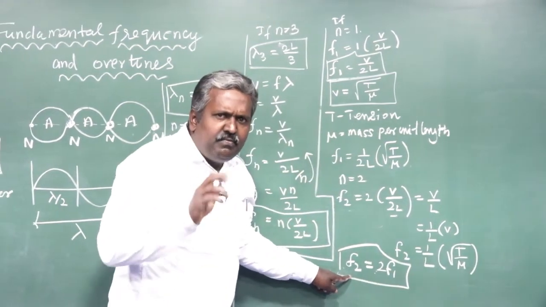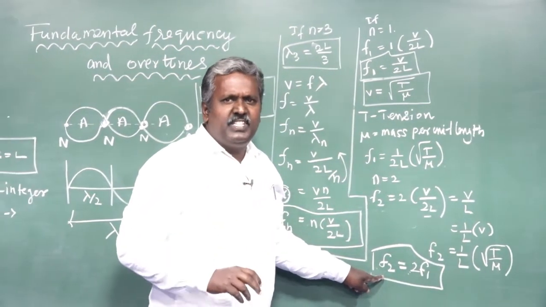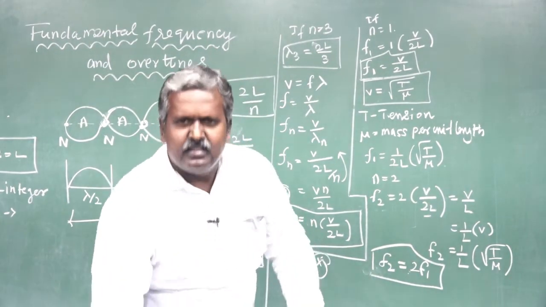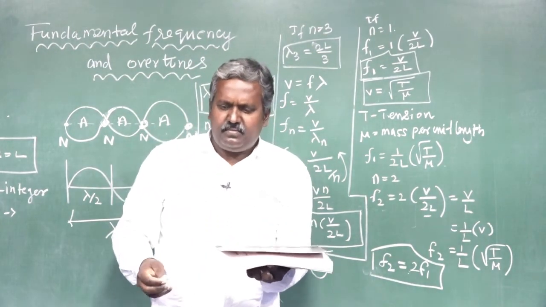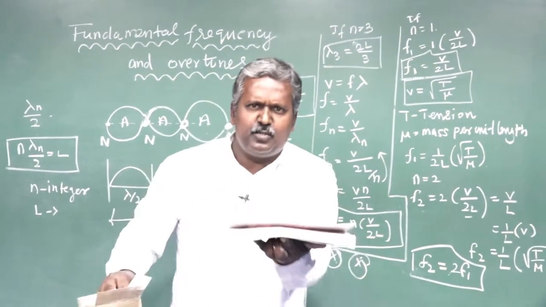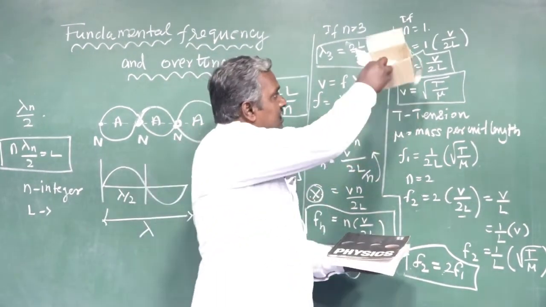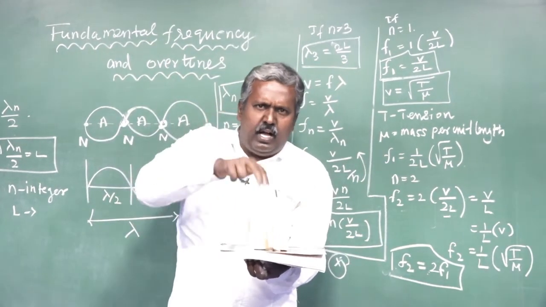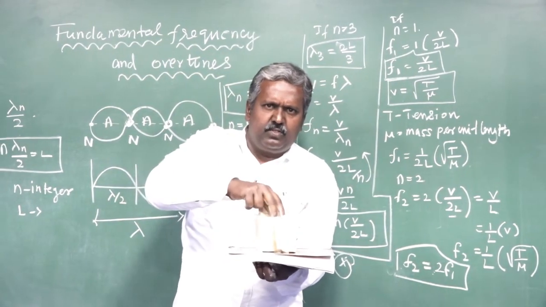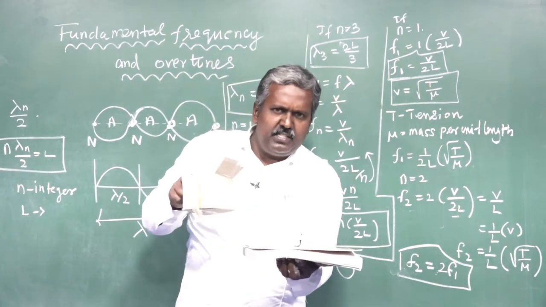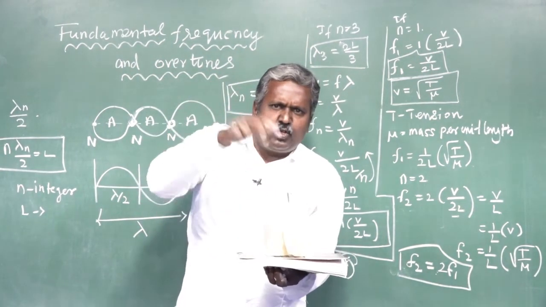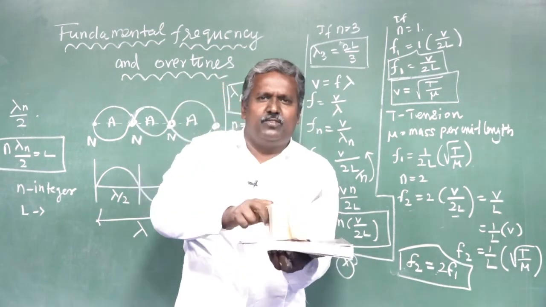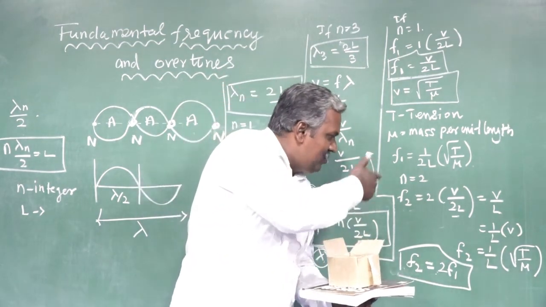This is the first overtone. This is the basic fundamental frequency f1, v by 2L. This is another frequency, f2. So this is the basic, and this is the first overtone. f2 is equal to 2f1.